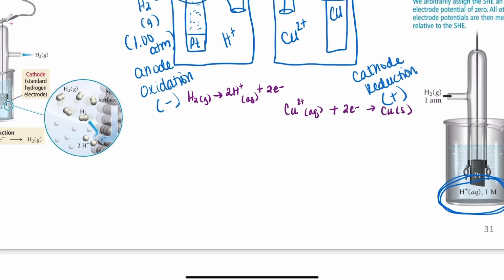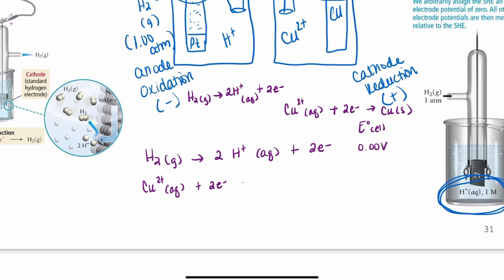If I want to write out those two reactions: H2 gas gives me 2H+ aqueous plus 2 electrons. My standard cell potential here is 0 volts because everything has been normalized to hydrogen, so we set that as the value of 0. And my copper 2+ plus 2 electrons gives me copper solid, and the cell potential as written here is positive 0.34 volts.